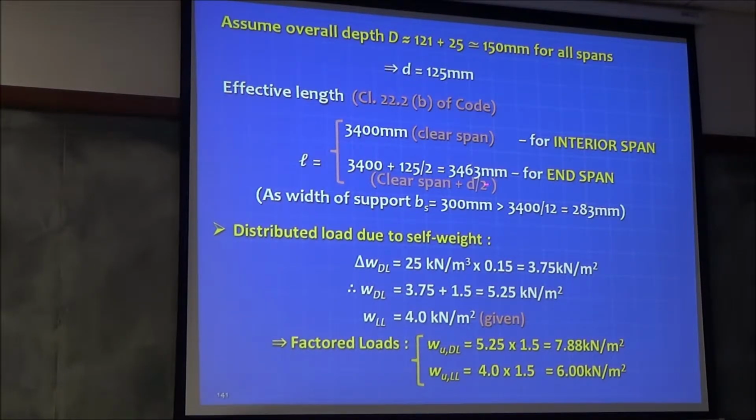For the end span it's slightly more than the interior span. You have to do this accurately. You do this only in your calculations. Don't go ahead and change the actual span at site, because it's nice to have all the clear spans look the same. Work out the loads, the additional dead load.